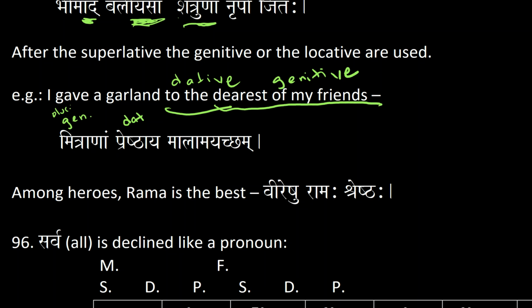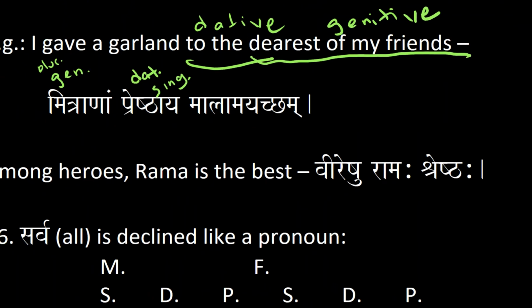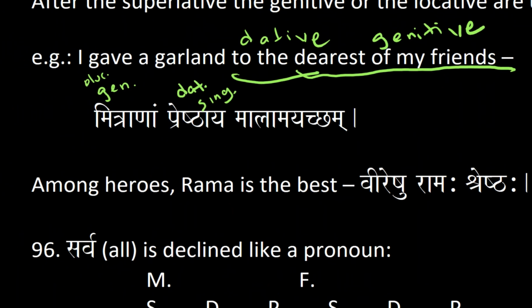But to the dearest is dative singular, because it's one person you are giving this garland to. So dative singular. And then I gave a garland. Mālām ayāchham. So mitrānām preshthāya mālām ayāchham. I gave a garland to the dearest of my friends.